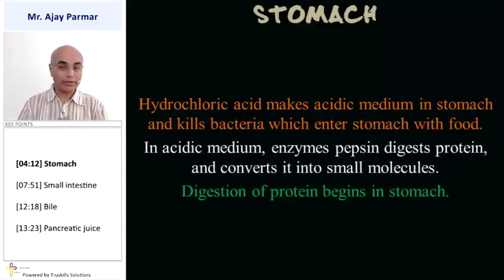Digestion of protein, thus you can see, begins in the stomach. Digestion of carbohydrate began in the mouth due to the amylase present in the saliva, whereas the digestion of protein begins in the stomach due to the enzyme pepsin, which is obtained from the pepsinogen.